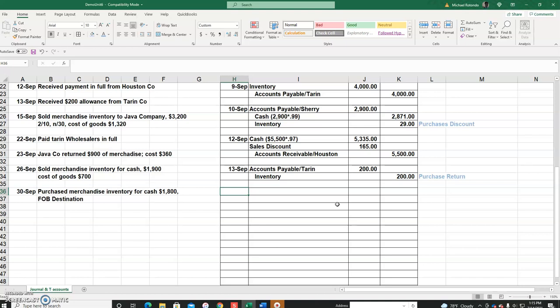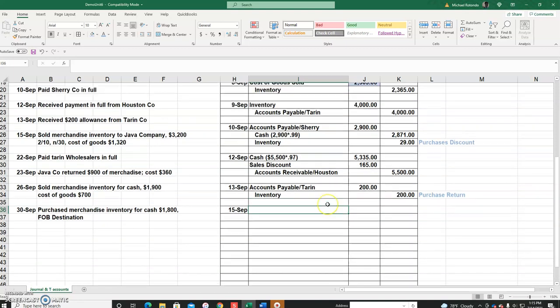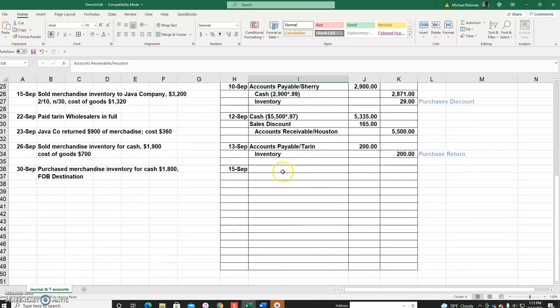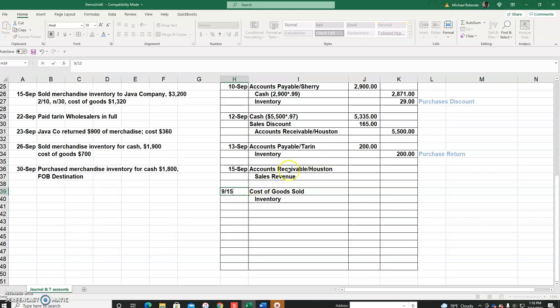So our next transaction is on the 15th, and we sold merchandise inventory to Java Company, 3,200, 2/10, net 30 terms, with a cost of goods of 1320. So what we could do is just copy this, paste it down here, and change this to Java.